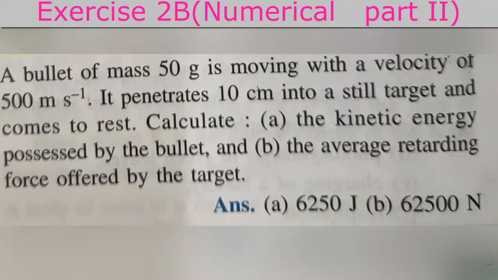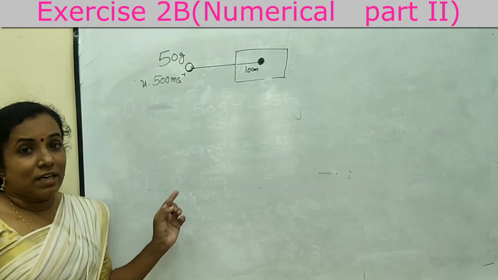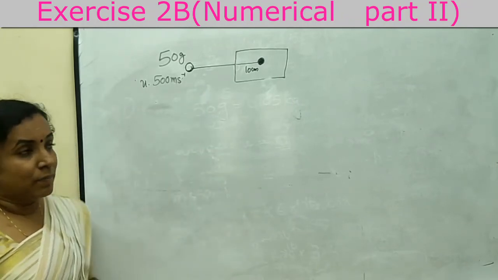A bullet of mass 50 gram is moving with a velocity 500 meter per second. It penetrates 10 centimeter into a still target and comes to rest. Calculate the kinetic energy possessed by the bullet and average retarding force offered by the target. Here, the bullet was moving with a velocity of 500 meter per second.